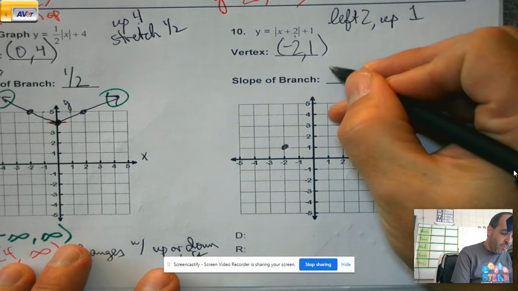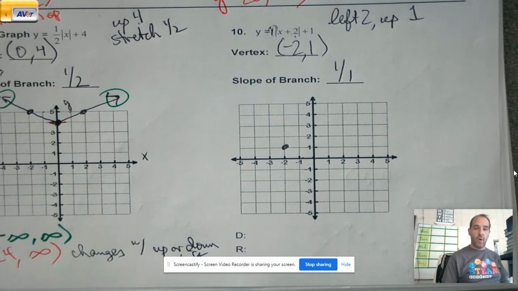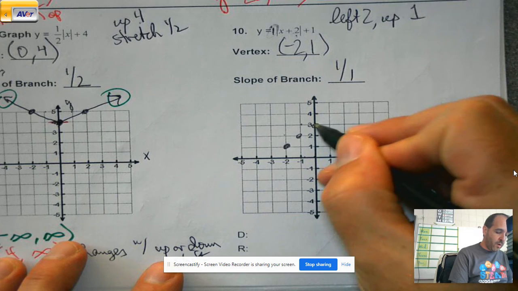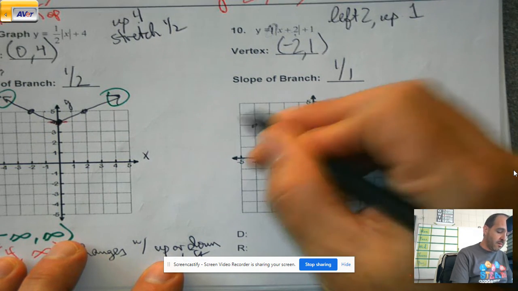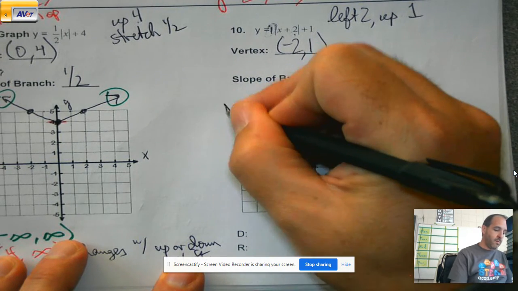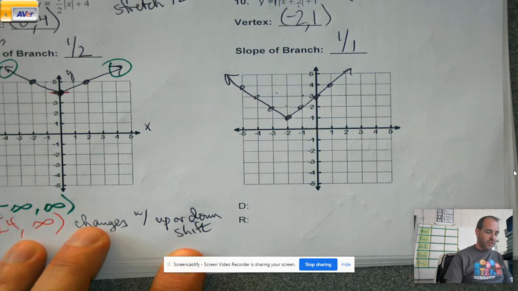My slope is 1 over 1 because I don't see a number in front here, so we assume it's 1. Up 1 over 1, up 1 over 1, in both directions. And now we just do our thing.